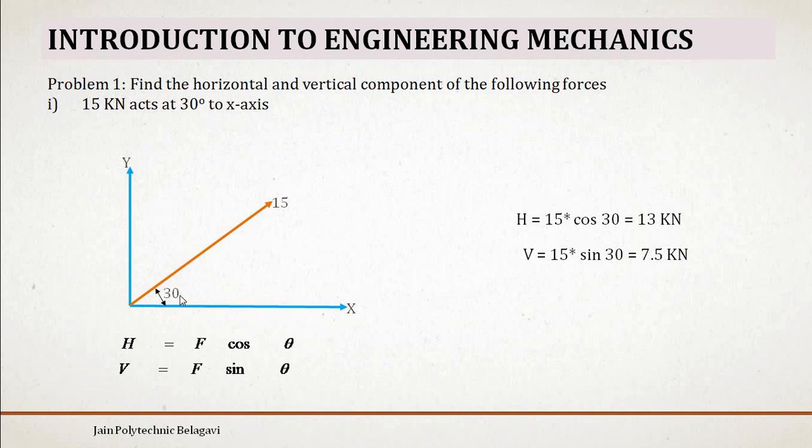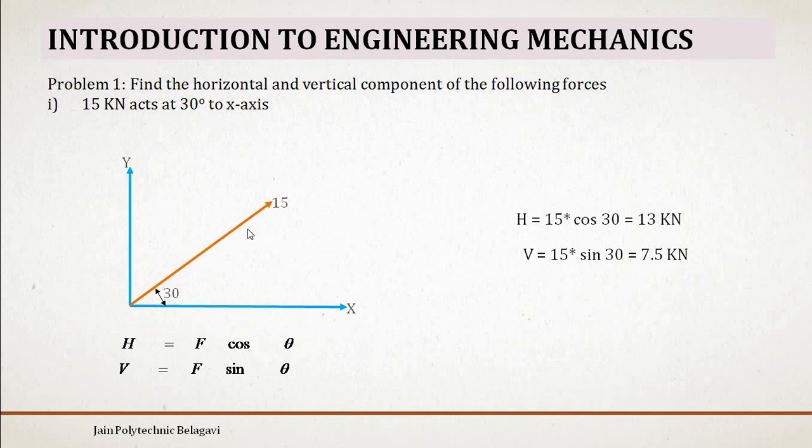These two forces are acting in two directions, and the same effect is given by this force of 15 kilonewton, correct? If you pull with 7.5 kilonewton in the vertical direction and 13 kilonewton in the horizontal direction, whatever effect is there on the object at this location can be produced by a resultant force that is nothing but 15 kilonewton.